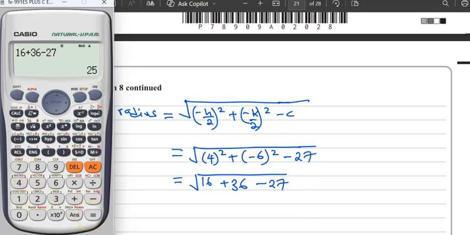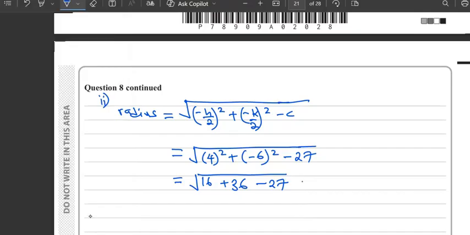Using our calculator, 16 plus 36 minus 27 gives you 25, and the square root of the answer gives you 5. So this is just the root of 25, which is equivalent to 5. So the radius in this case is simply 5 units.